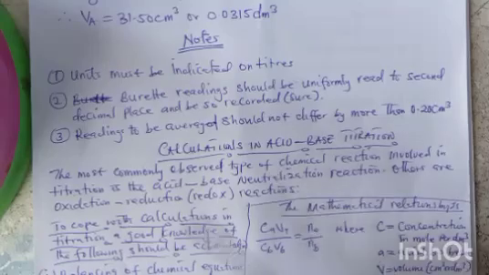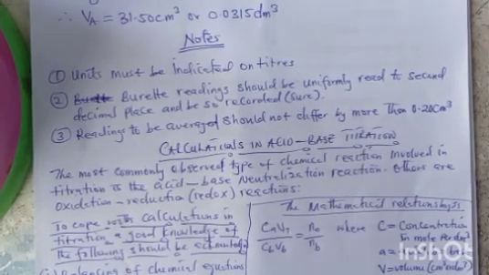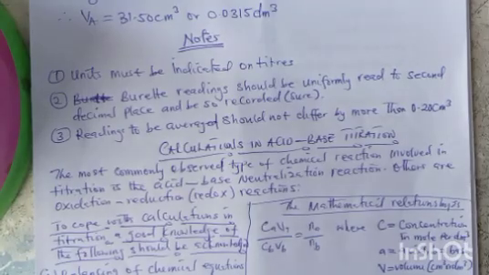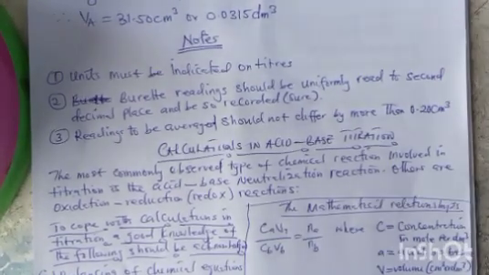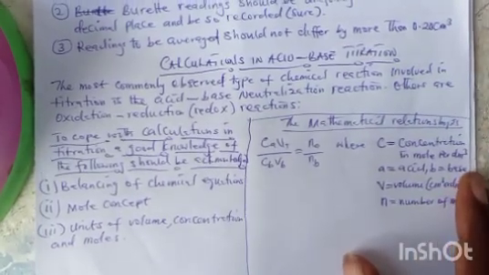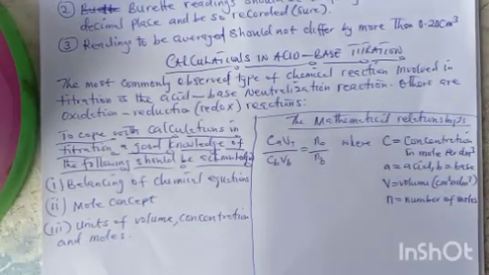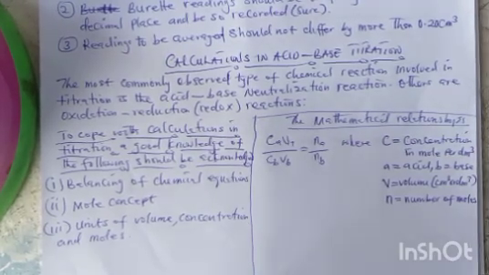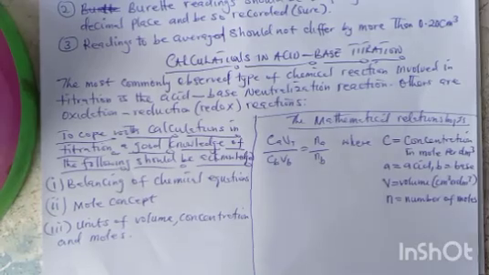Now, in calculation in acid-base titration, the most commonly observed type of reaction is the acid-base neutralization reaction. Neutralization is the reaction between acid and base to form salt and water. It is only the base that has the power to neutralize an acid.